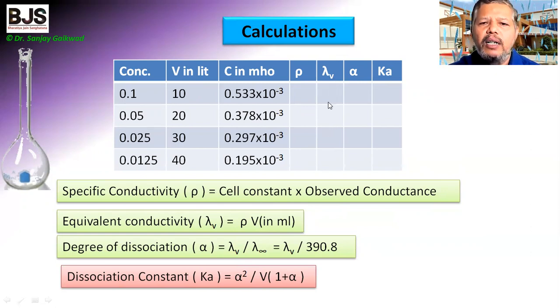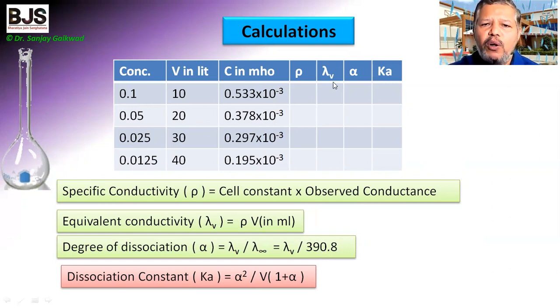Once you calculate the equivalent conductivity, we calculate the degree of dissociation with this formula: alpha equals lambda V upon lambda infinity. Lambda V is the equivalent conductance, and lambda infinity is the equivalent conductivity at infinite dilution. For acetic acid at this temperature, this is the standard value of the equivalent conductance at infinite dilution.